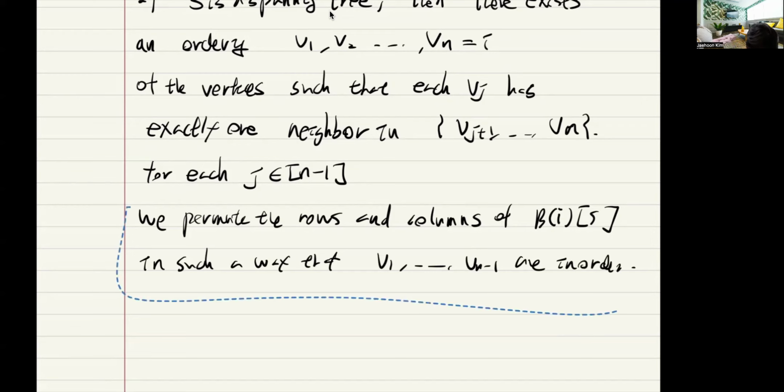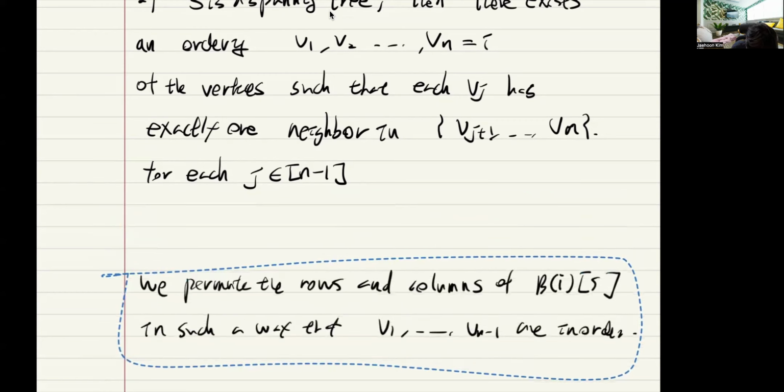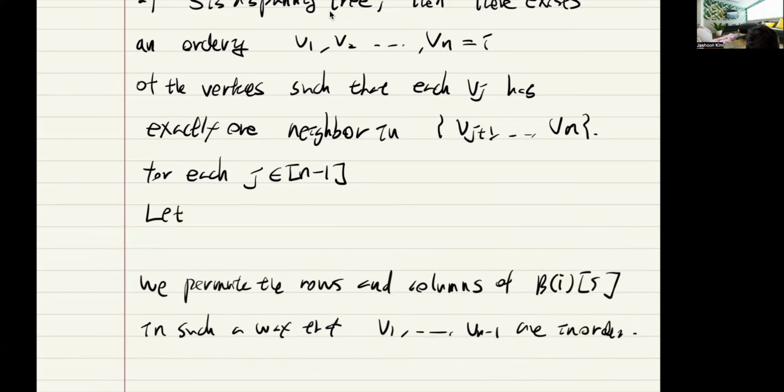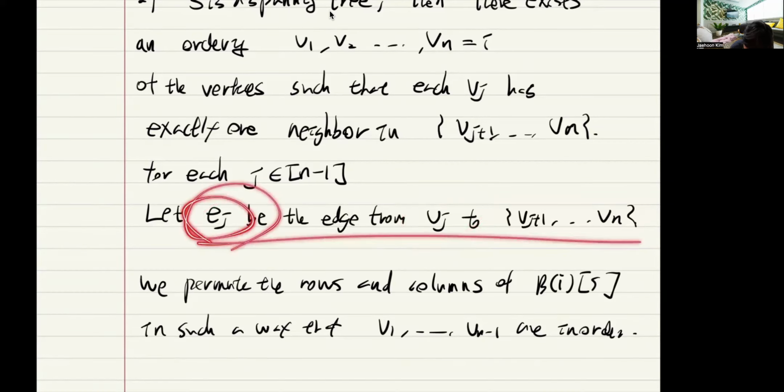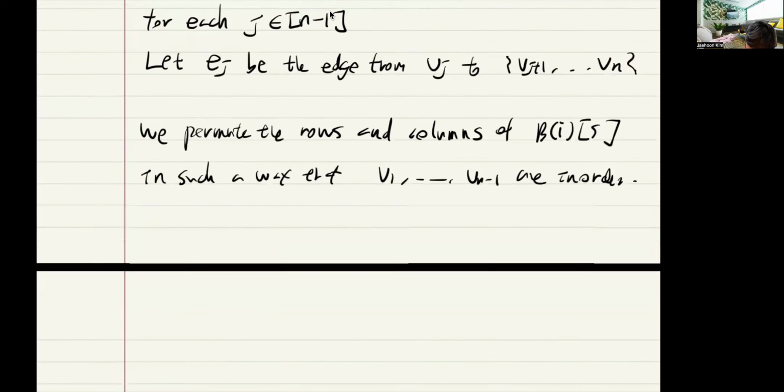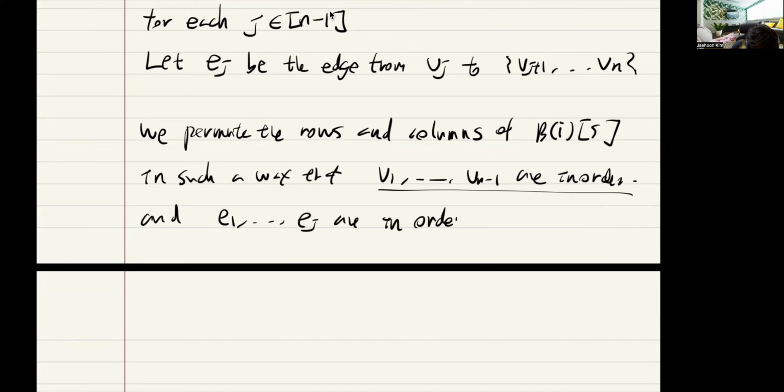Let's say let Ej be the edge from this Pj to this. So you have a unique such edge. So this is here. So we permute the rows and columns so that these are in order and E1 to Ej are in order.